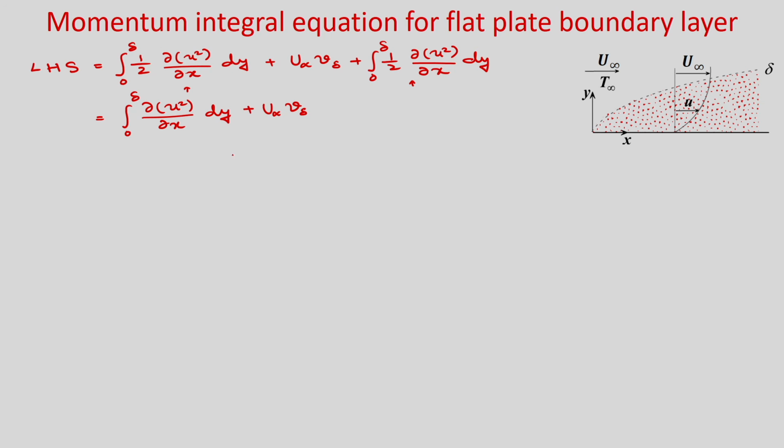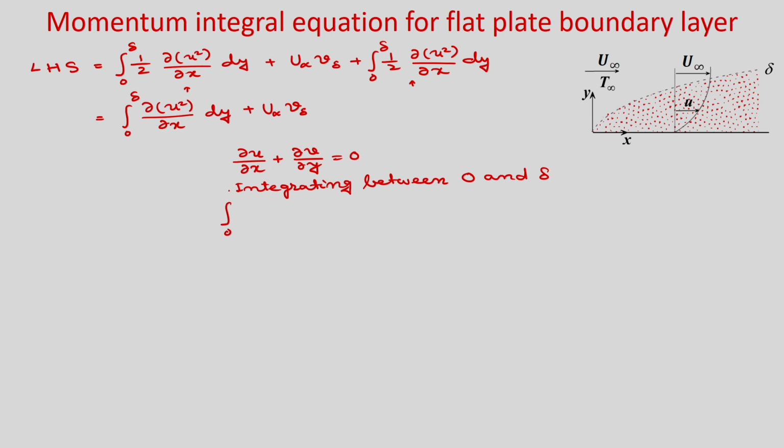So, let us consider the continuity equation. The continuity equation is del u by del x plus del v by del y is equal to 0, and integrating between 0 and delta, within the boundary layer thickness.